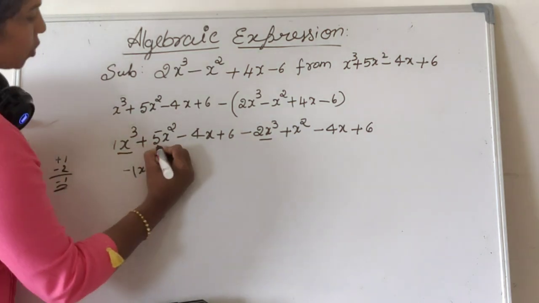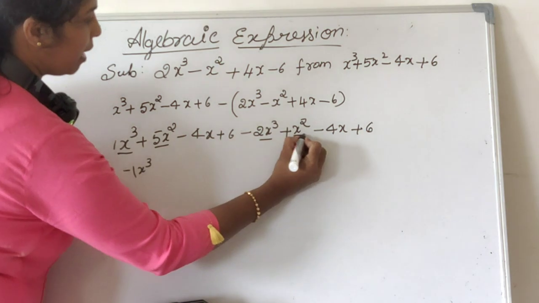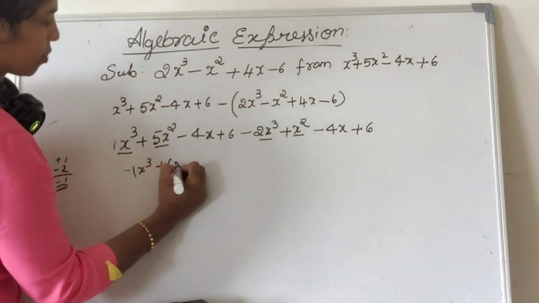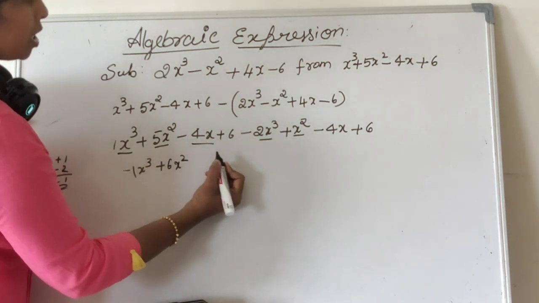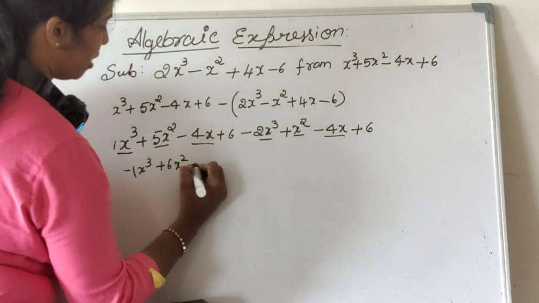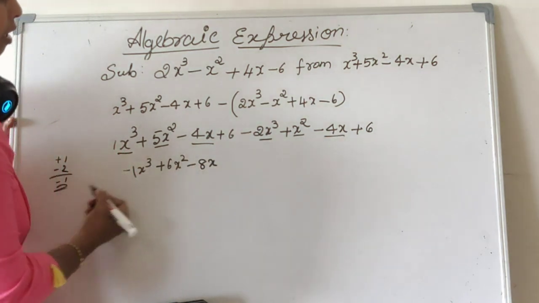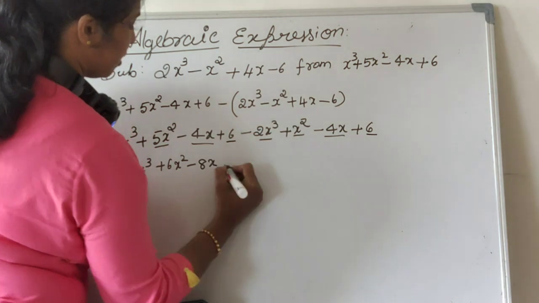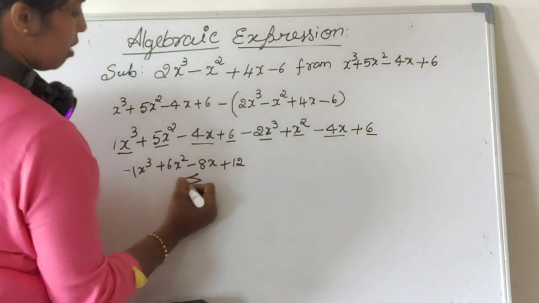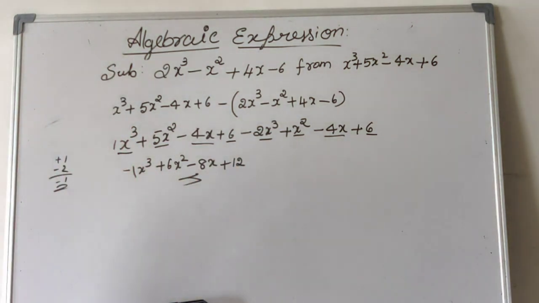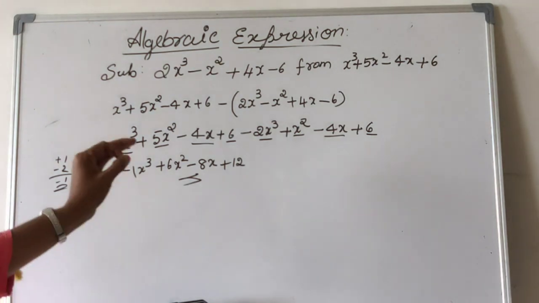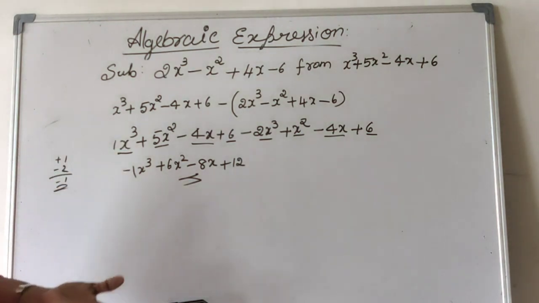X square term: 5x square plus 1x square, 6x square. X: minus 4x minus 4x, both are minus, so minus 8x. Plus 6 plus 6, plus 12. Same answer we get in any method you do, but do it correctly. Whichever is easy for you, you can follow.